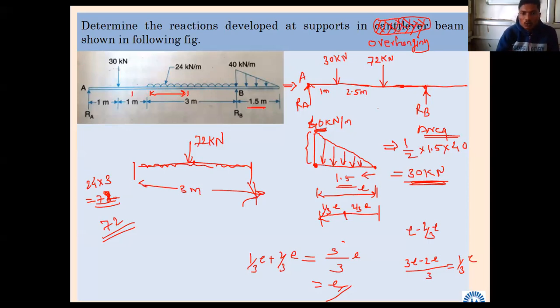That we have converted. Now only one load remained. What will be the distance of this 72 kilonewton and reaction B? याच्यामधलं अंतर किती असेल? 1.5. Yes, it will be 1.5. Now we have to convert that UVL, uniform varying load, into point load.